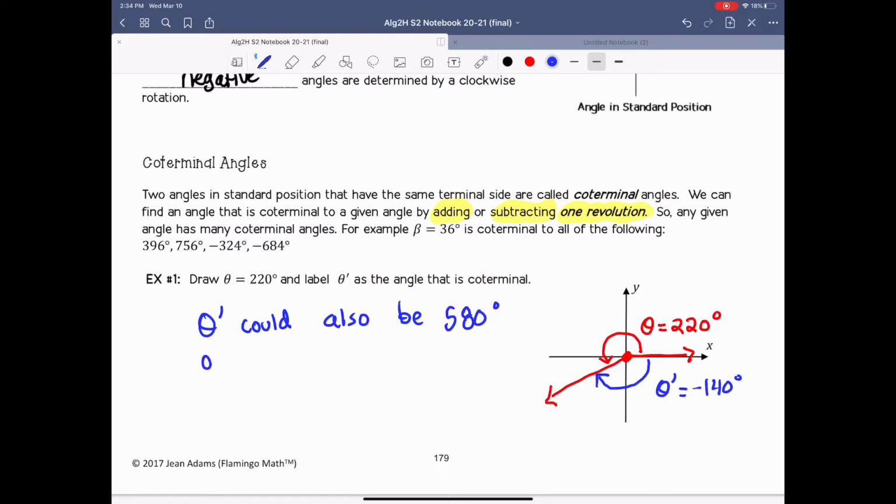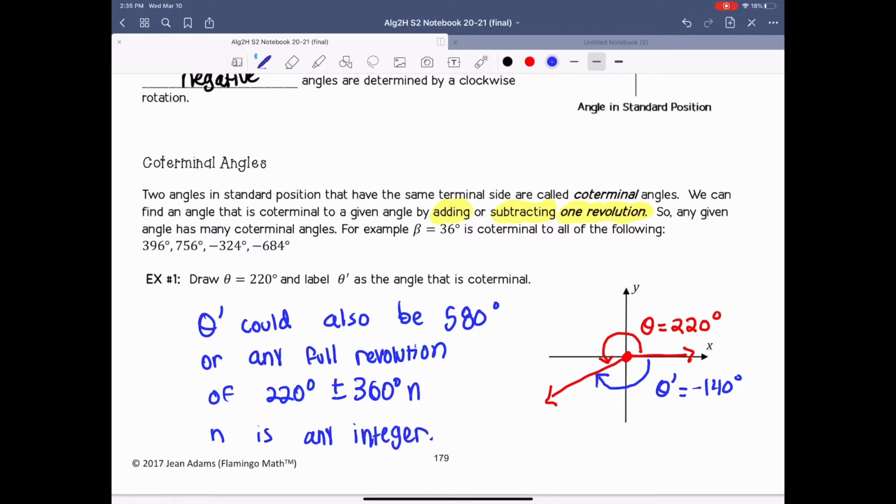So it could be 580 degrees, or really any full rotation, or I'm going to say any full revolution of 220 degrees plus or minus 360 degrees times some variable n, where n is any integer.